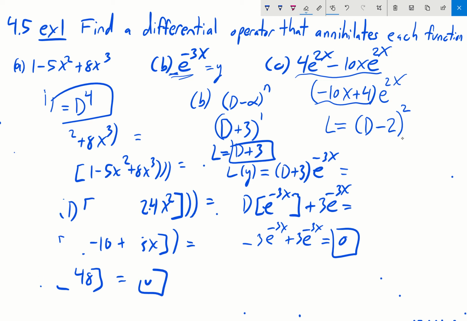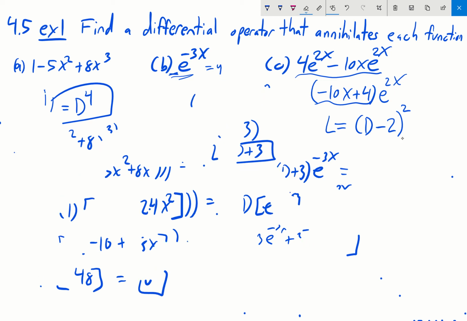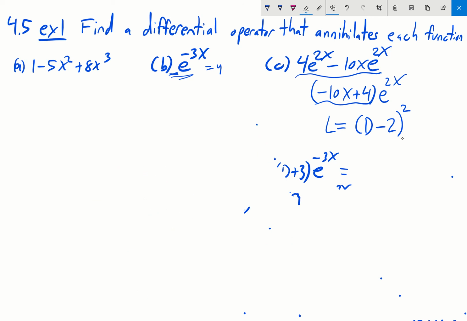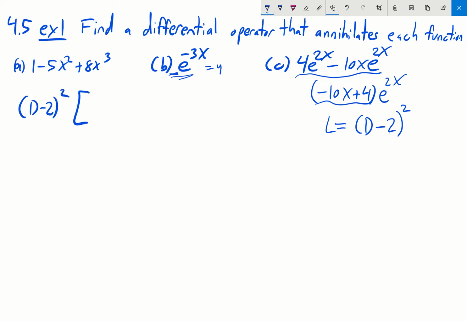Let's actually go ahead and check this, just in case any of you are skeptical out there. I wouldn't blame you, but trust me, it does work. So we want to apply the differential operator (D - 2)^2 to the function 4e^(2x) - 10xe^(2x).